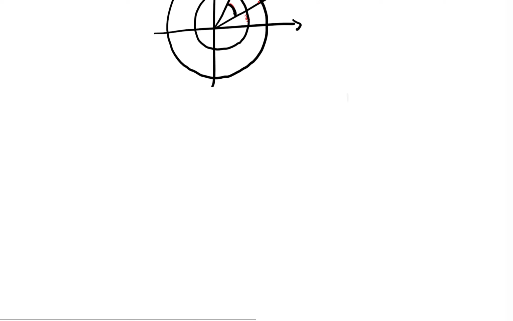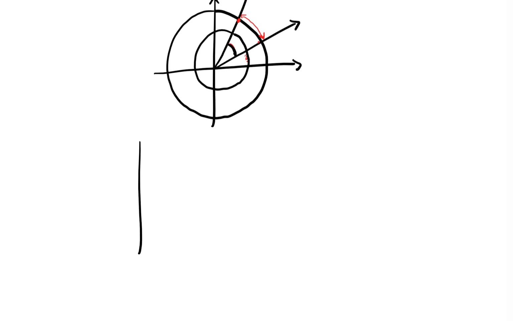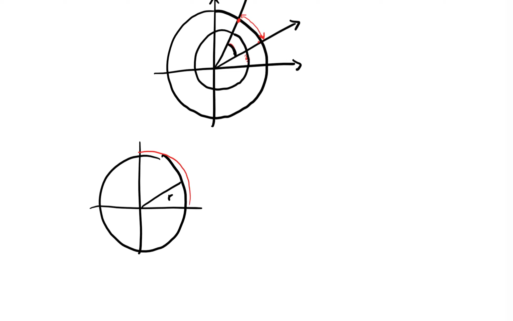To give you an example, let's look again at a circle of radius r, and what I'd like to look at is a full rotation. What would be the equivalent of 360 degrees in this case? Well, for a full rotation, the length of the arc is just the circumference of the circle, which is 2 pi r.